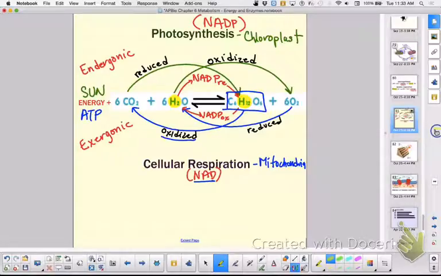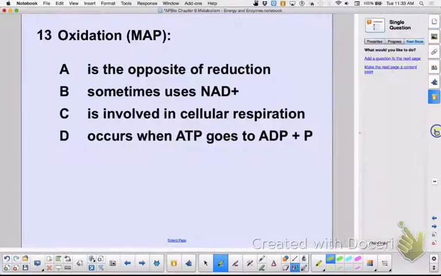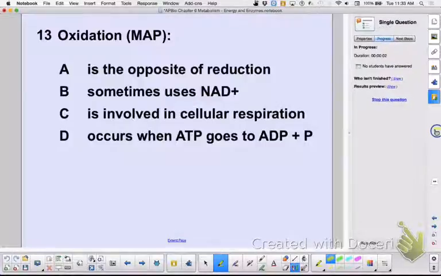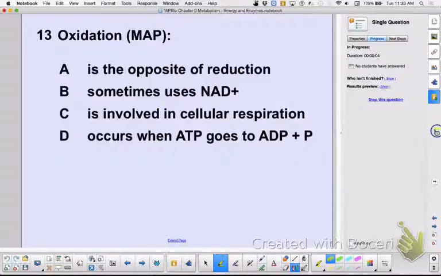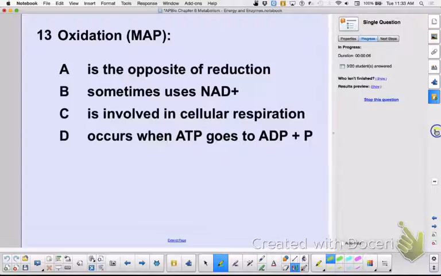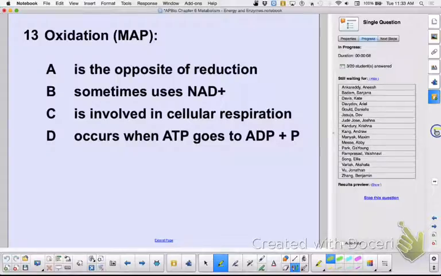Now, here is a question for you. This one is a tricky question and annoying, but see if you can still do it. Remember, if it has a plus on it, is it oxidized or reduced?